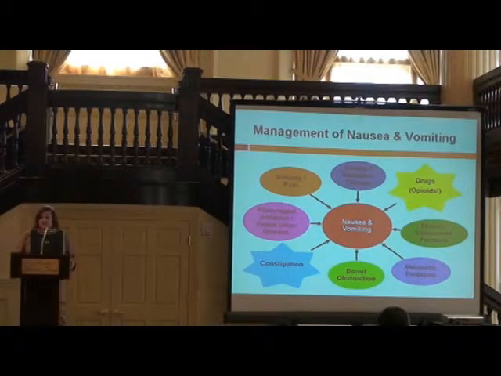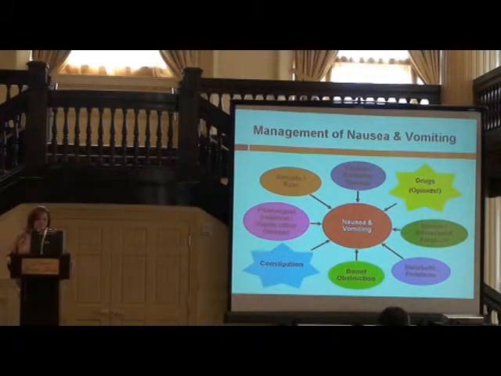Metabolic problems can cause nausea and vomiting, so these need to be corrected as well. Bowel obstruction is a common etiology that we can see. Constipation by itself can really be an easy thing to solve, making sure that the patient has a bowel regimen if they're receiving opioids, for example.